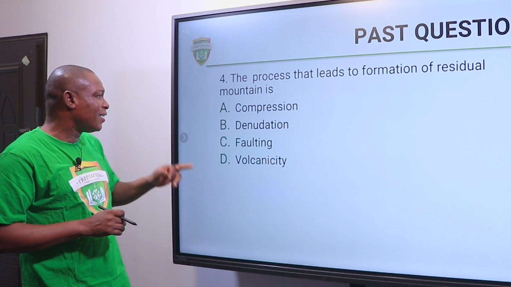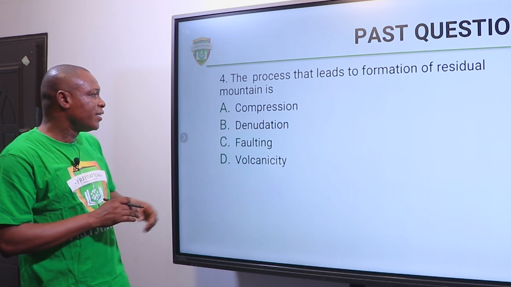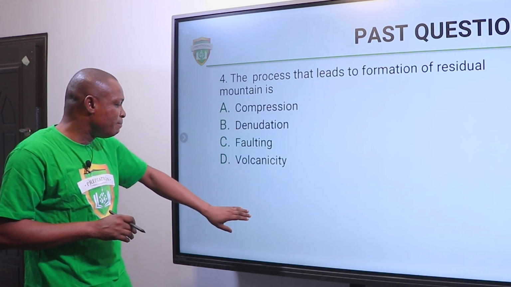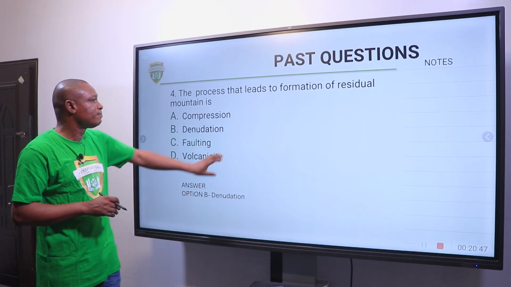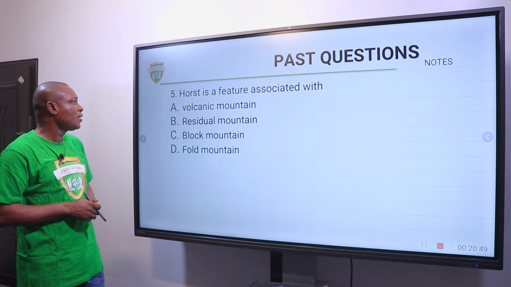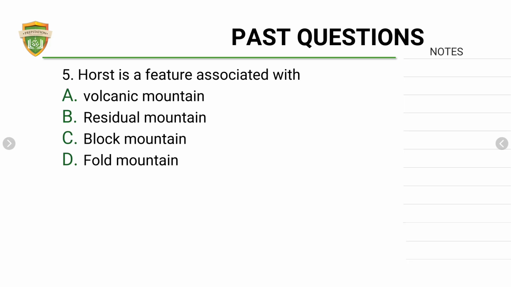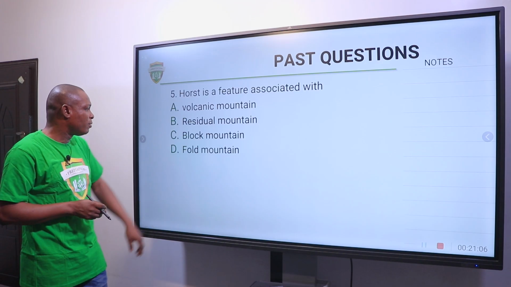The right answer is denudation, which is option B. Horst is a feature associated with: A, volcanic mountain; B, residual mountain; C, block mountain; D, fold mountain. The right answer is option C, which is block mountain.